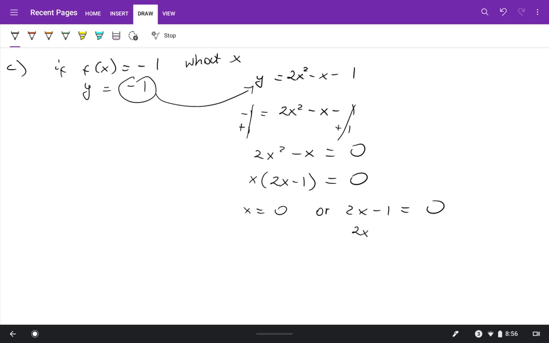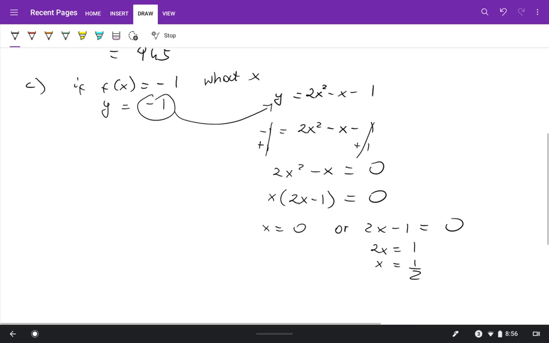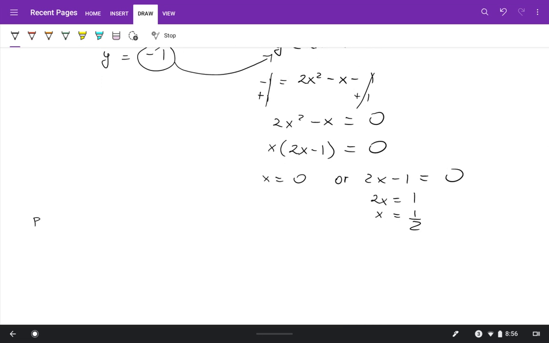So here we're going to solve for x. We're having 2x equals 1, x equals 1/2. So the solutions of part C are x equals 0 and x equals 1/2.